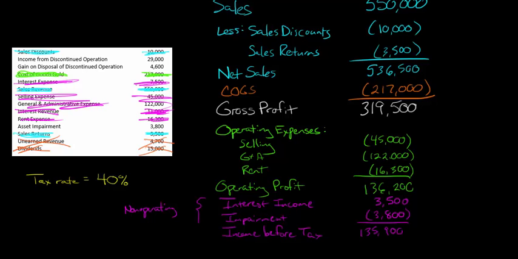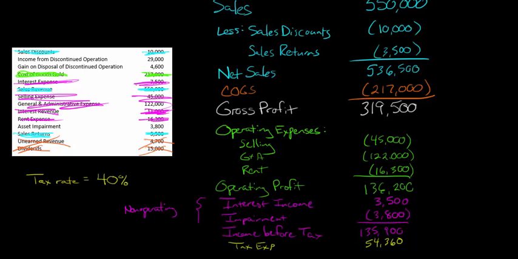$135,900. Now we need to do tax expense, and so we'll assume here the tax rate is 40%, and so we'll just multiply that 40% by 135,900, and that's going to give us $54,360. That's our income tax expense.